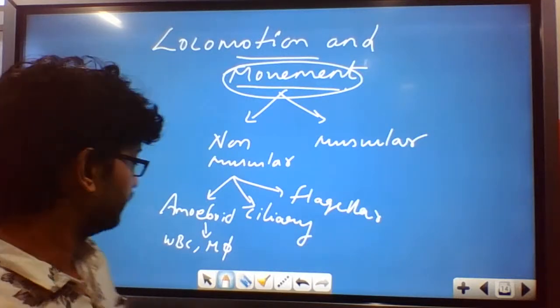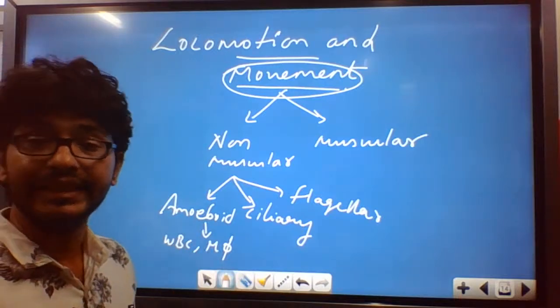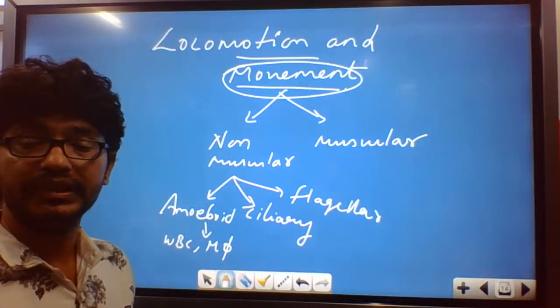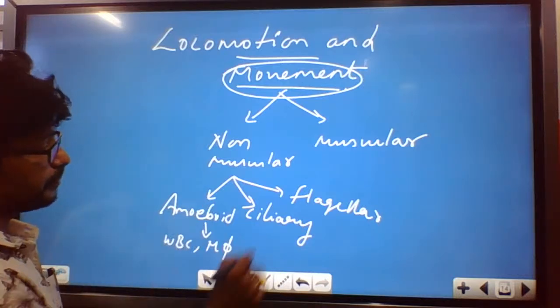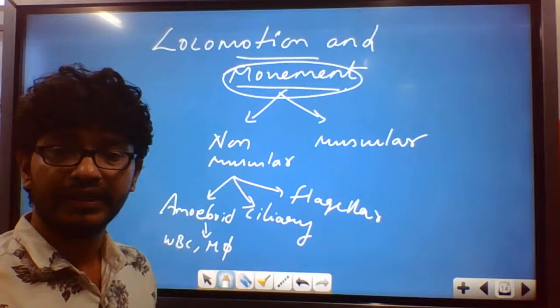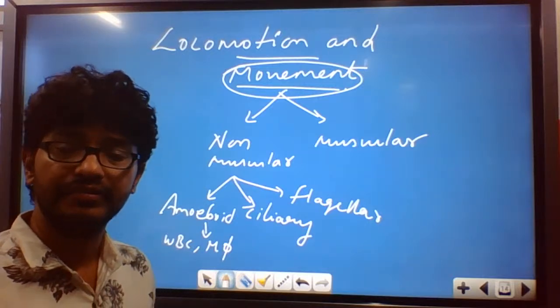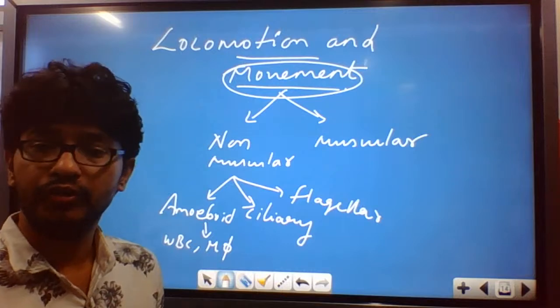Okay, fine. Amoeboid movement: WBC, macrophages. These macrophages and WBC show amoeboid movement. This will take up the cell. You would have studied the phagocytosis mechanism of the WBC, which engulfs foreign substances by means of lysozyme, and it forms a lysosome.